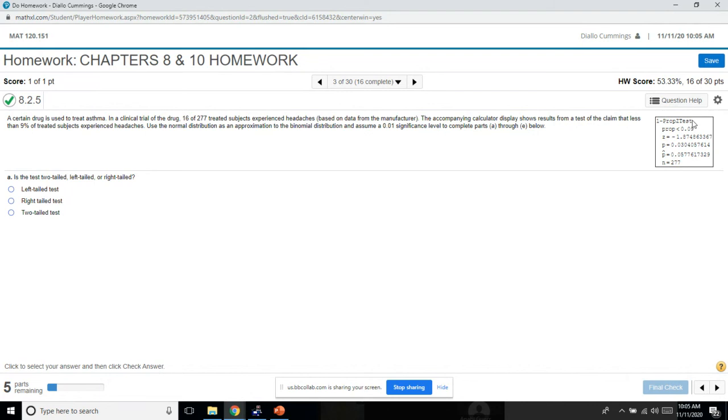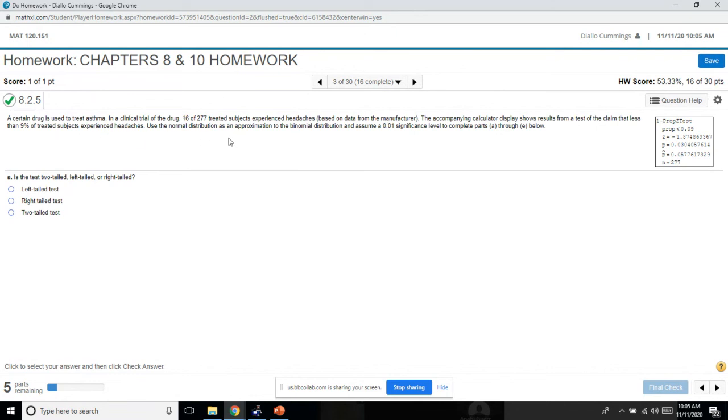Remember, my null hypothesis would be equal to 9%, and my alternative hypothesis is less than 9%. So less than 9% of treated subjects experience headaches.